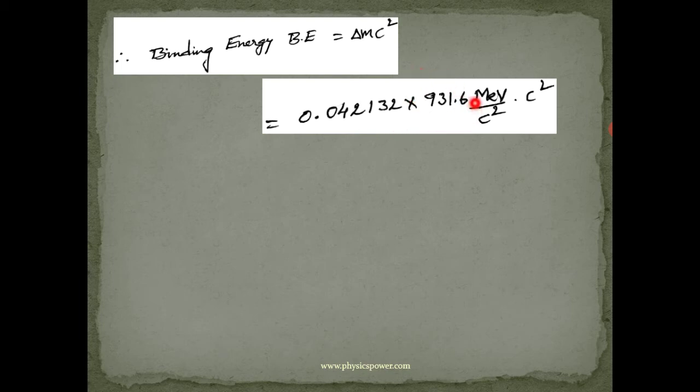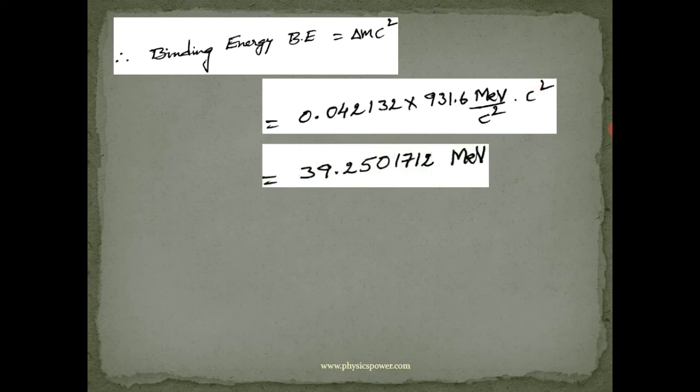If you multiply with 931.6 MeV by C square, then that will be the result. Now C square gets cancelled. Then if you multiply 931.6 into 0.042132, you will get 39.2501712 MeV. So this is the total binding energy of the entire lithium.